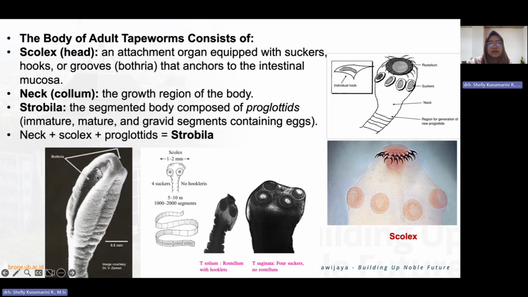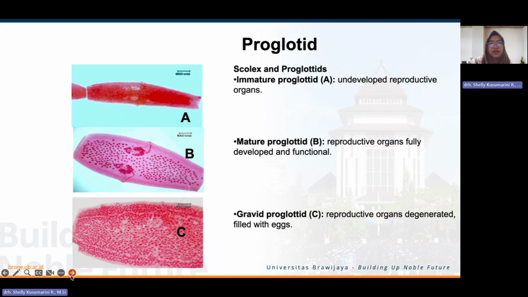But in a different group, such as Diphyllobothrium, they do not have suckers but are differentiated by bothria. And this is the proglottid stage. You can see immature, mature, and also gravid stages.